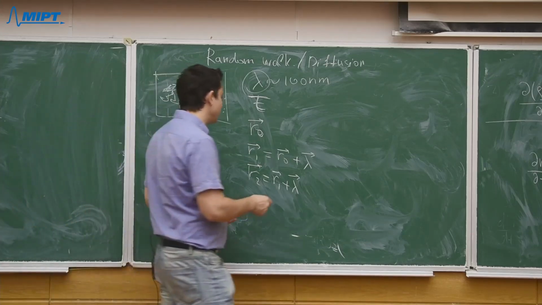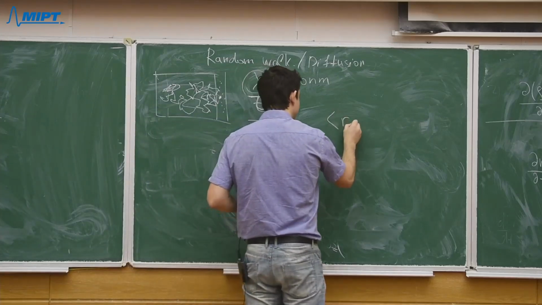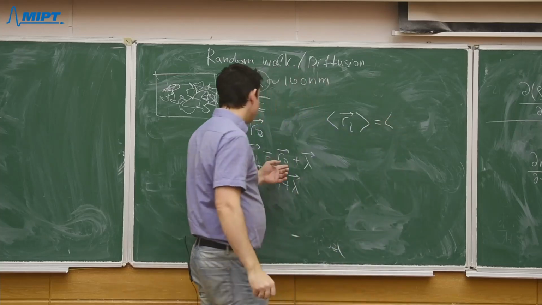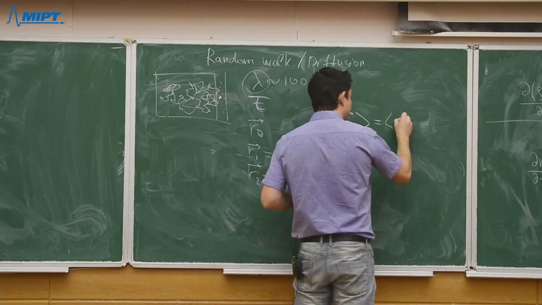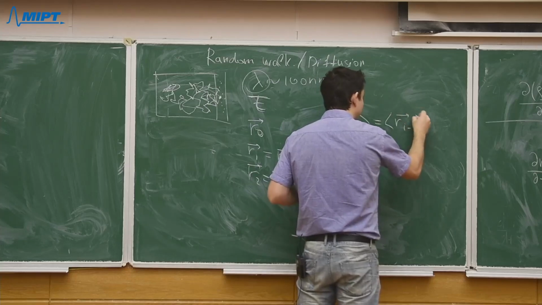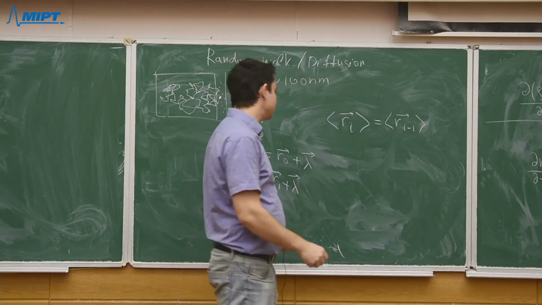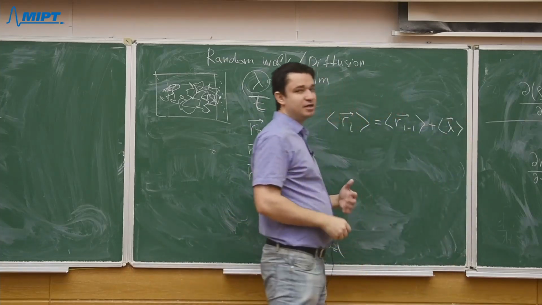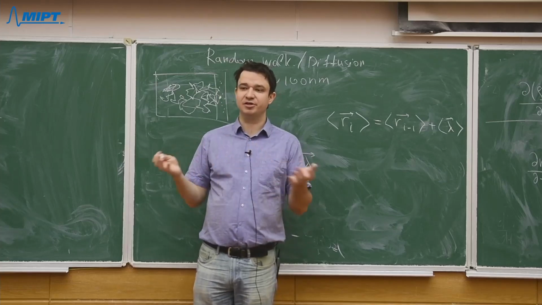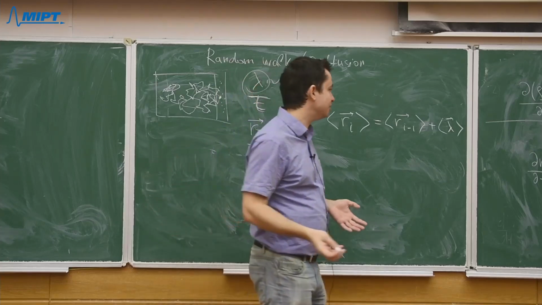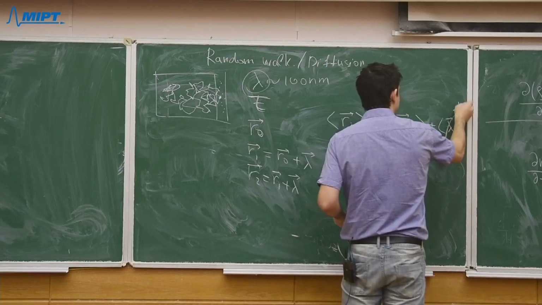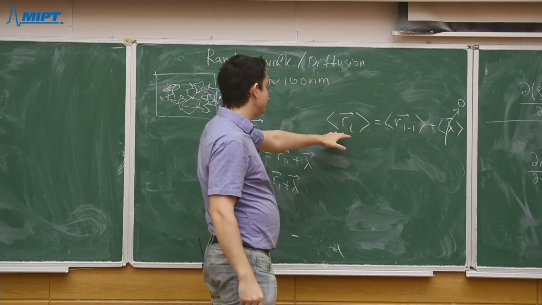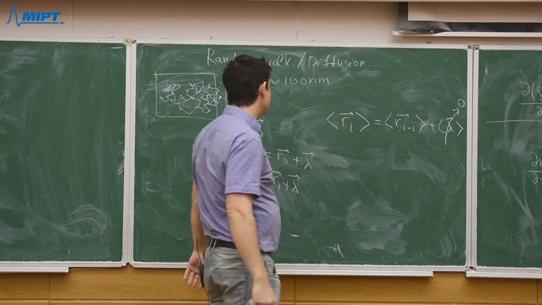If we determine the average of each vector, let's say we calculate the average of Ri, then according to this equation, this average should be equal to the average of Ri minus 1, so the average of this vector on the previous step, plus the average of the random vector lambda. And since this vector lambda can be directed in every direction with equal probability, this average equals 0. So that means that over time, the average of this vector remains the same.